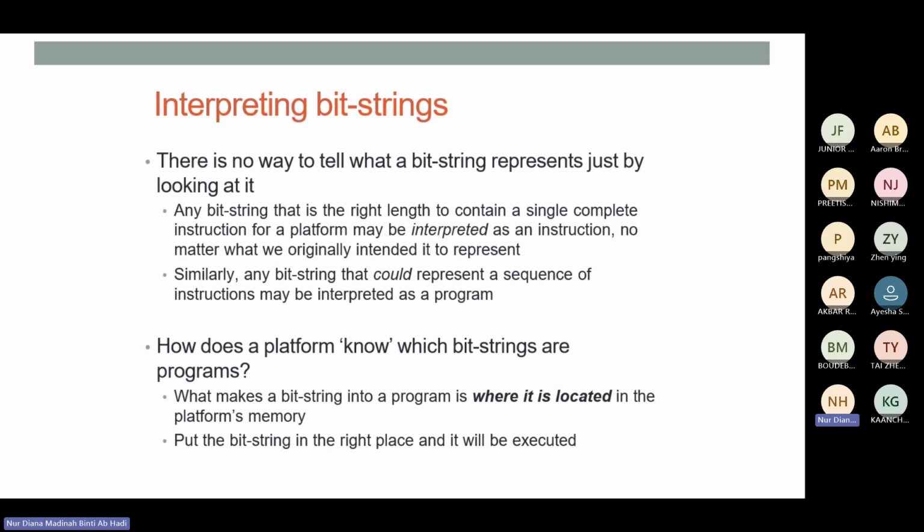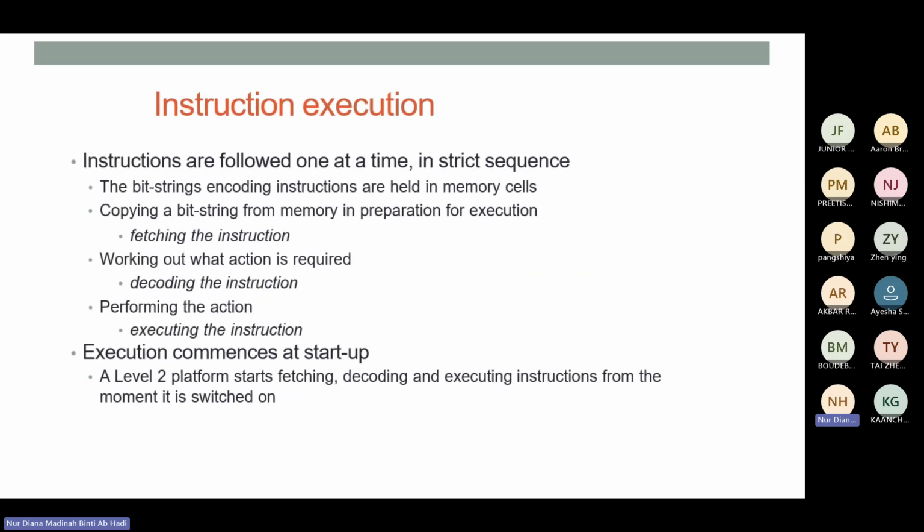How does a platform know which bits are a program? These are a few questions that should come into your mind. What makes a bit string into a program? Where is it located? You just need to know that if you put the bit string in the right place, then it will be executed.